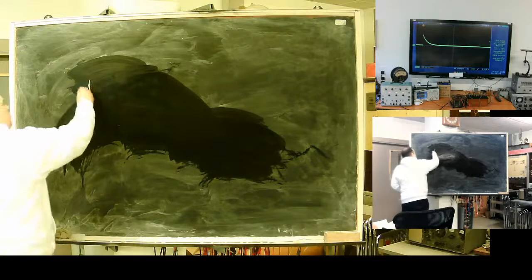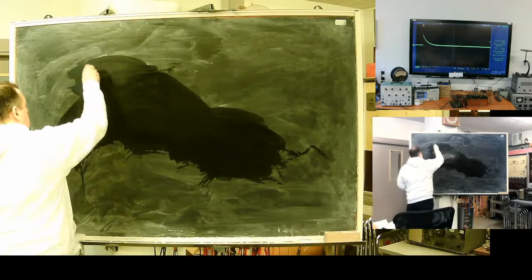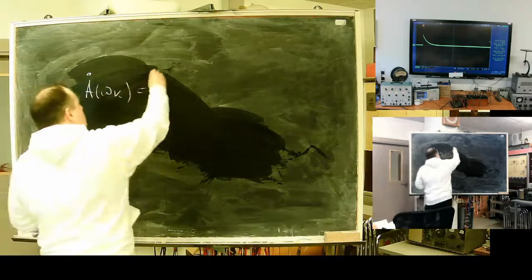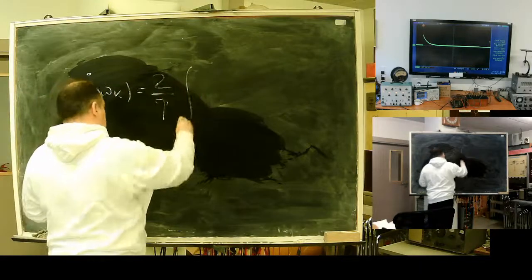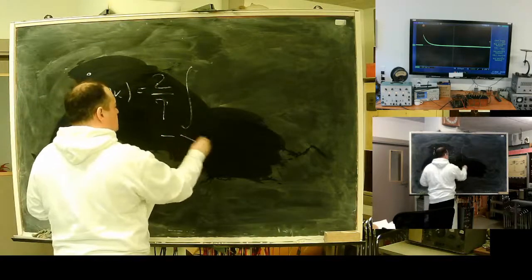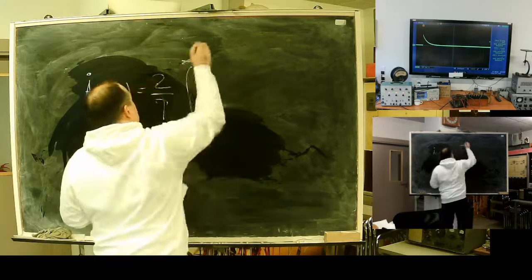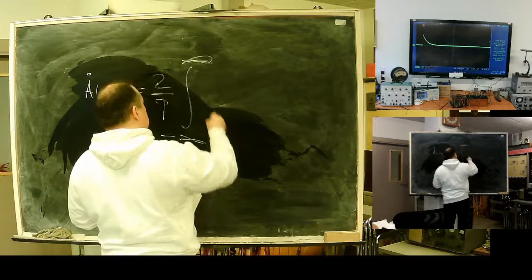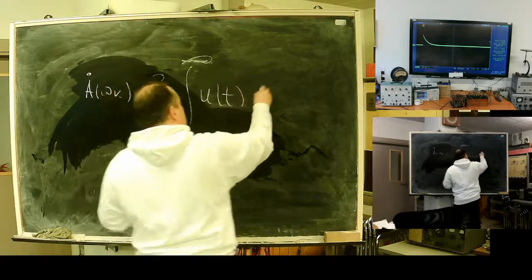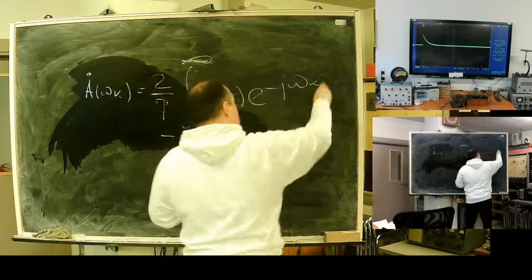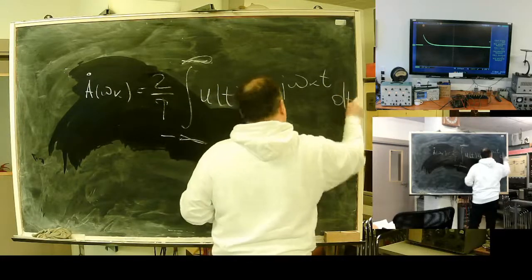So, I'll have something like this: divide, integrate from minus infinity to infinity, f times e to the minus j omega k t, in time.